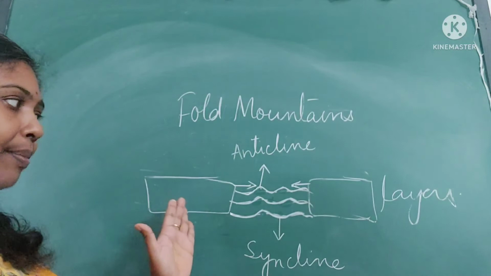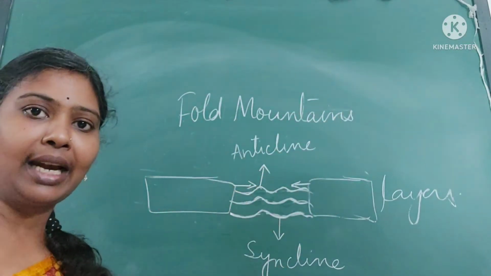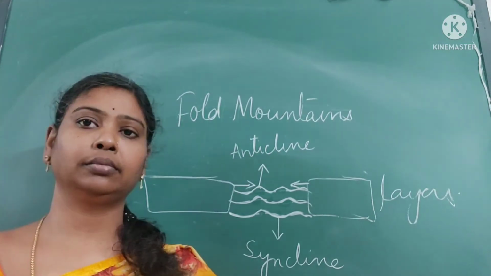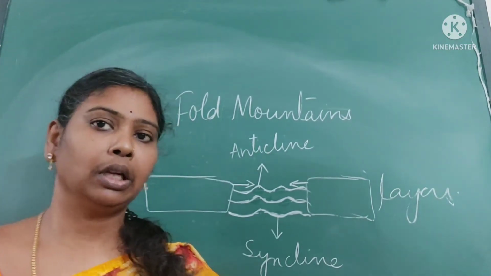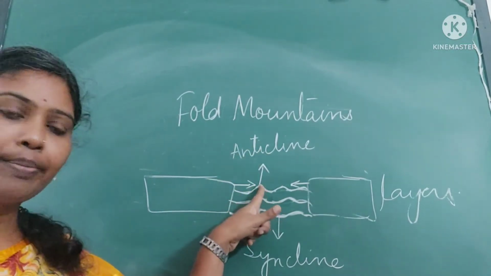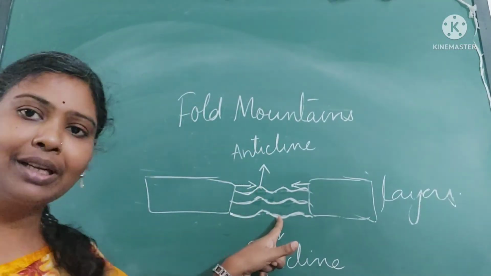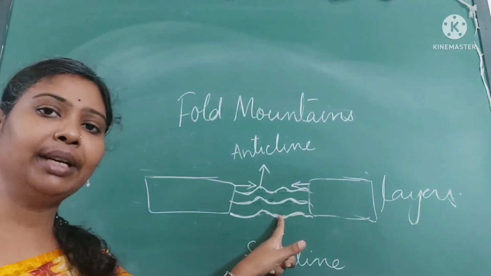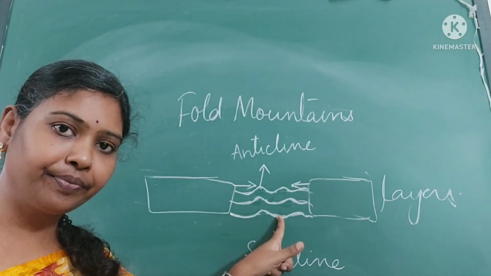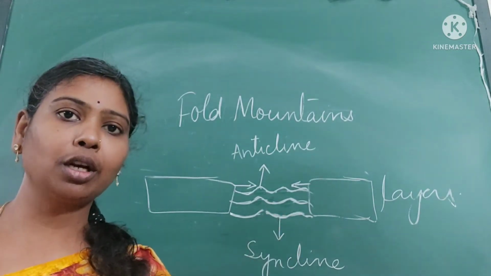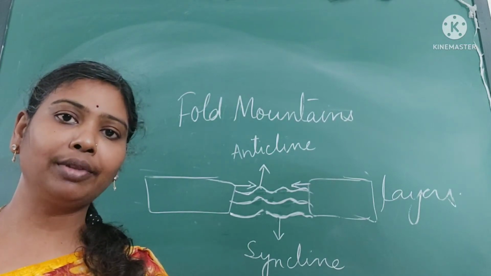This happens because of pressure inside, compressional forces. These anticlines form the mountain peaks, and these synclines form the valleys. One peak, another peak, and in between is the valley. This is how the formation of a fold mountain happens.